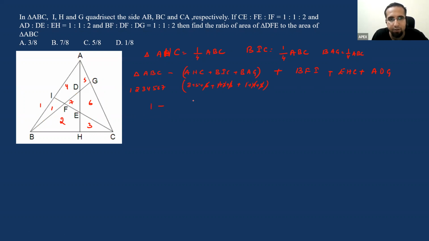So I repeat, this is ABC minus 1 by 4 of ABC into 3 plus. Clear, guys? So if I add back 3, 5, 6, that means I'm subtracting 1 plus 1 plus 2 plus 3 plus 4 plus 5 plus 6, and this will give me the triangle DEF.